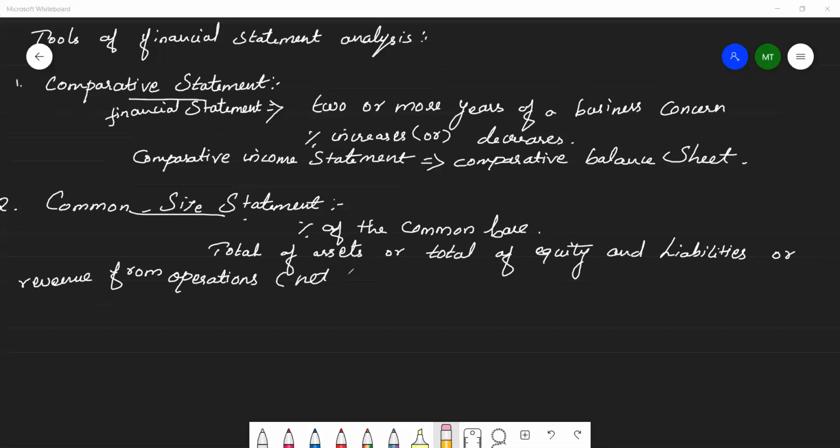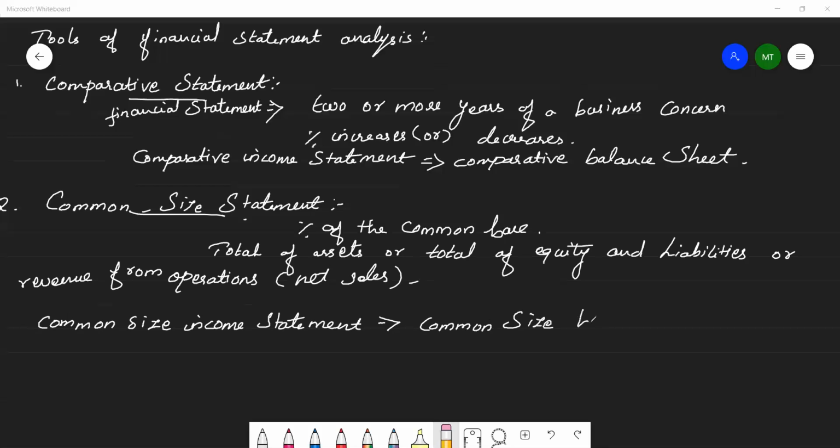Okay, so the net sales அப்படின்னு சொல்லலாம். Okay, that's all. So the common size statement include common size income statement அல்லது common size balance sheet அப்படின்னு சொல்லலாம். The common size statement என்ன சொல்லலாமா, common size income statement and common size balance sheet அப்படின்னு சொல்லலாம். ஓகேங்களா?